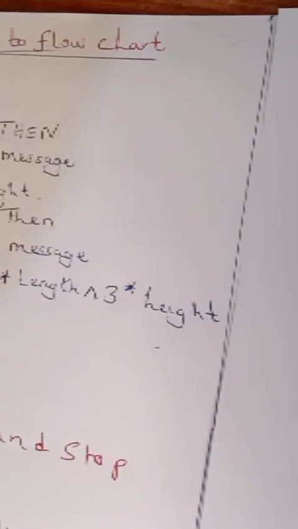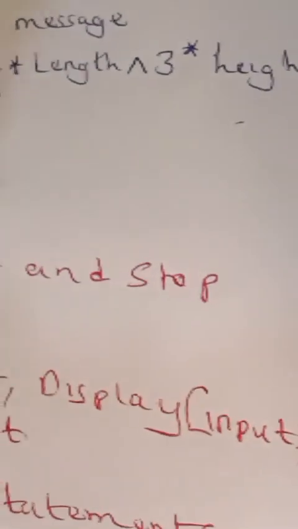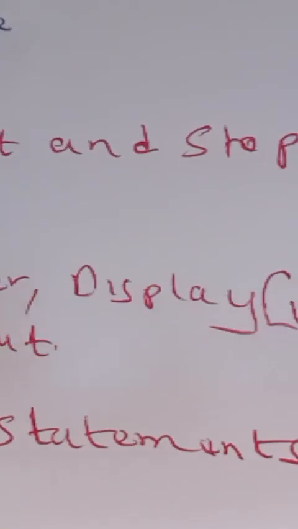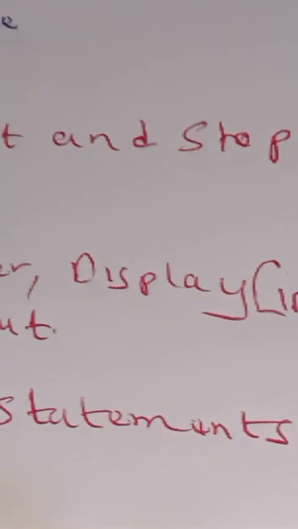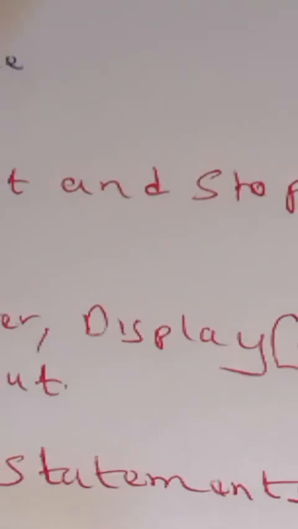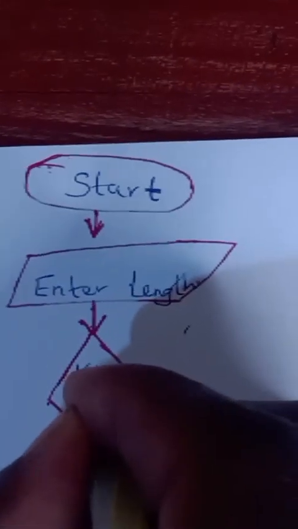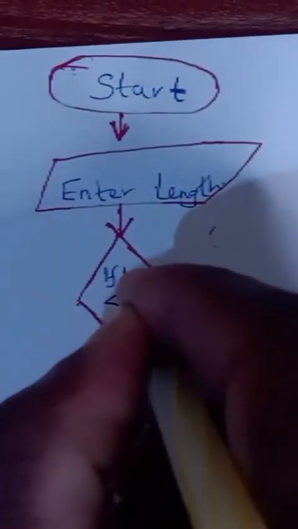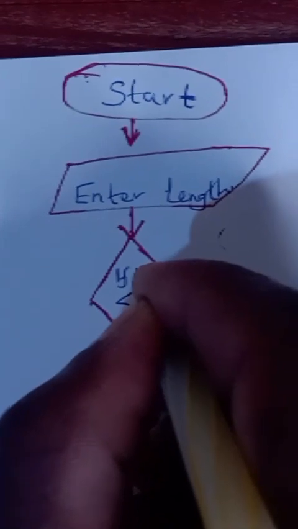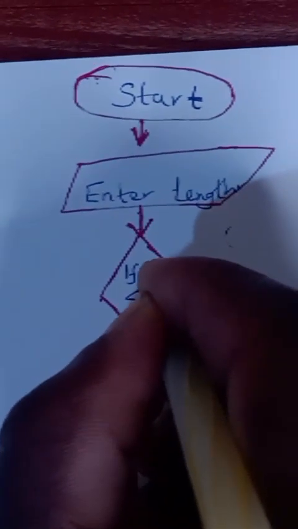Another shape we are going to use is our diamond shape. You remember we said we use diamond shapes where we have if statements. So you draw your diamond shape, and then you ask yourself in that diamond, if L is less than 0, and you place a question mark showing it is a question.